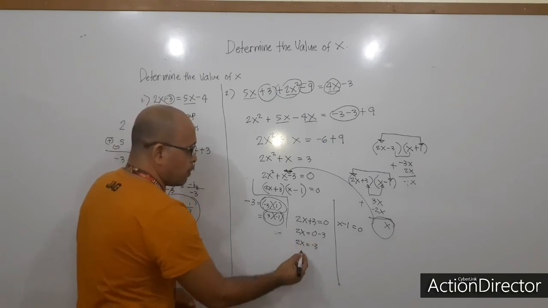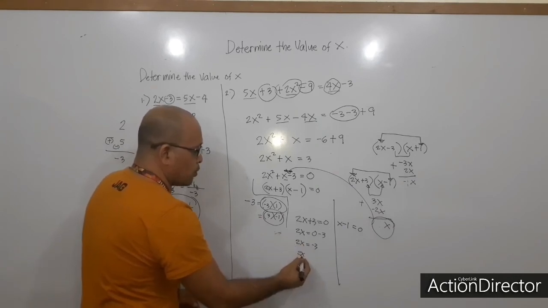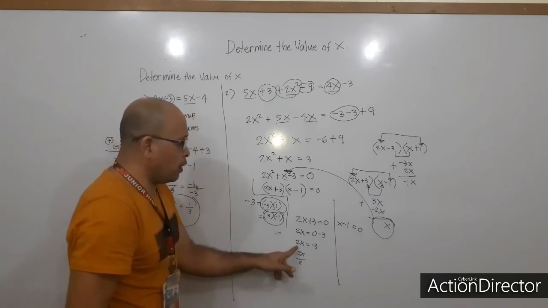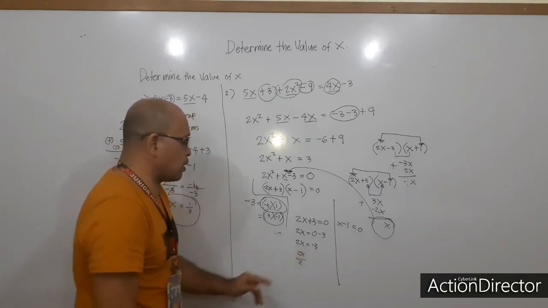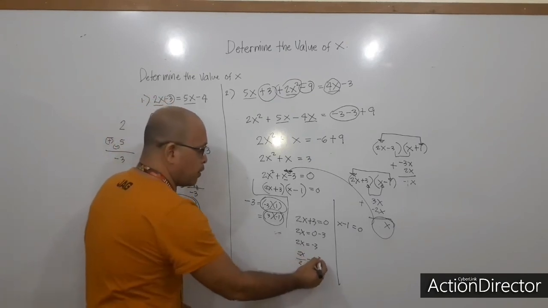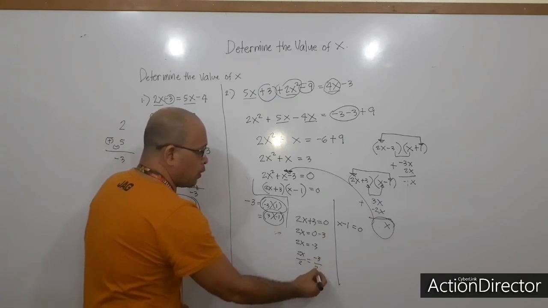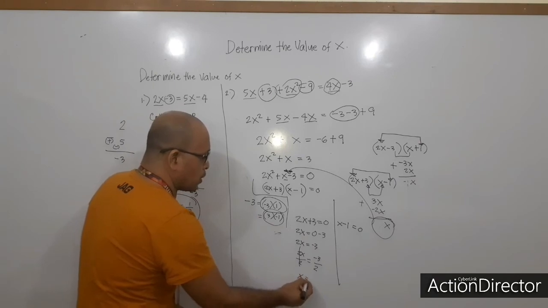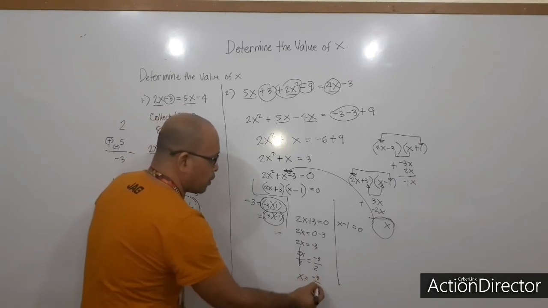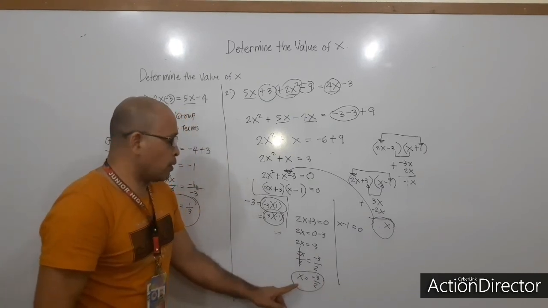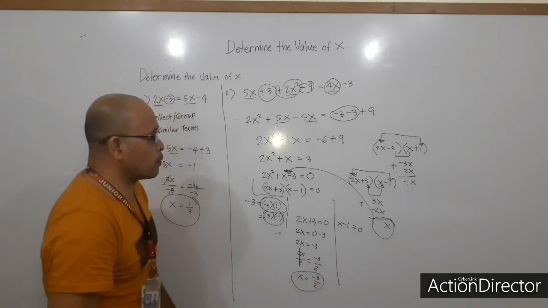Then you now use positive 2 as your divisor. So you have 2x over 2. The purpose again is to eliminate the numerical coefficient of x because the purpose is to solve for the value of x. So you have here negative 3 also divided by 2. So cancel 2. So your value is equal to negative 3 over 2. So this is your first value of x, which is equal to negative 3 over 2.